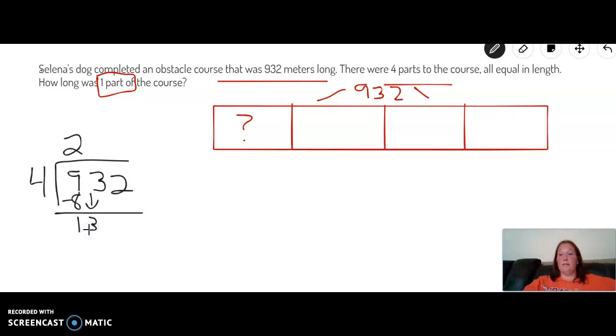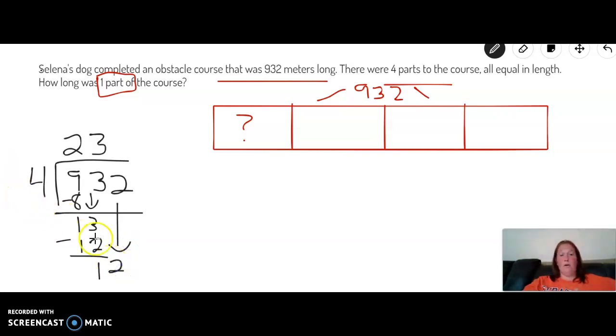Okay, start the process over. How many times does 4 go into 13? Well, 4, 8, 12, 3 times. Multiply. 3 times 4, I know is 12. You'll get faster and faster the more you practice. Subtract, and I get 1. Bring down.